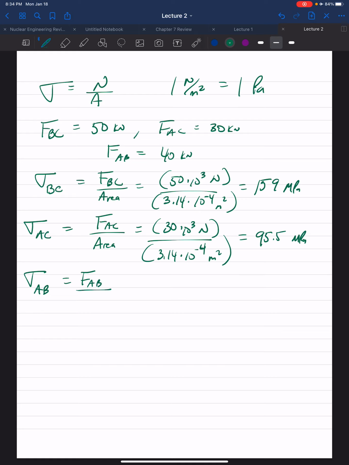Lastly, the average normal stress in bar AB, this comes out to be 127 megapascals.